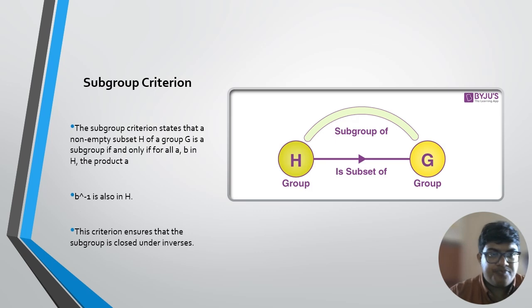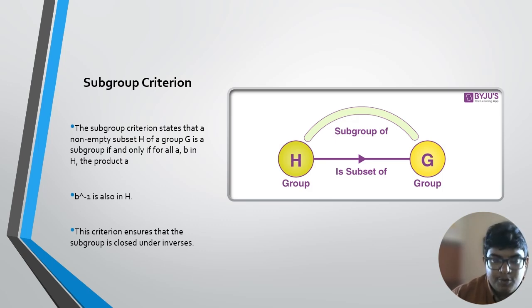Now let's see the subgroup criterion. The subgroup criterion states that a non-empty subset H of a group G is a subgroup if and only if for any a and b in H, the product of a and b is also in H. That is, it is a subgroup.